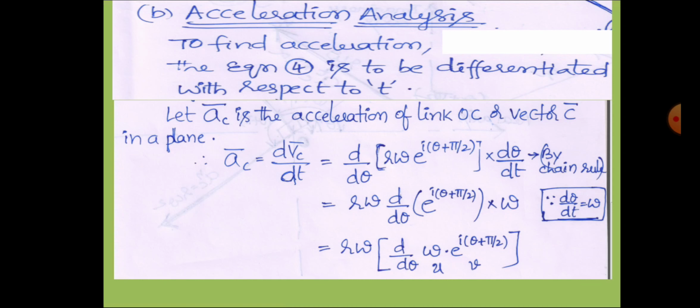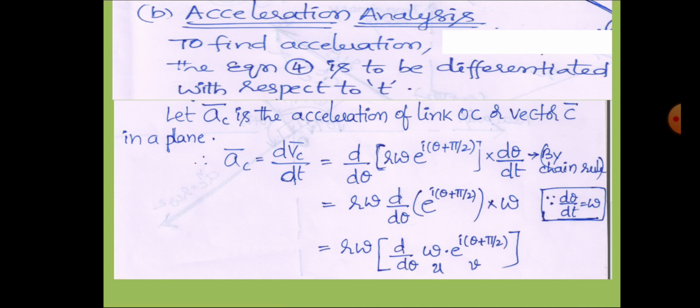Now that is equal to R omega, just bring it outside, and d by dt of e power i of theta plus pi by 2 into d theta by dt, that is rate of change of angular displacement theta with respect to time t. D theta by dt is equal to omega.